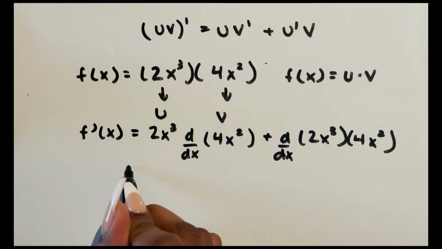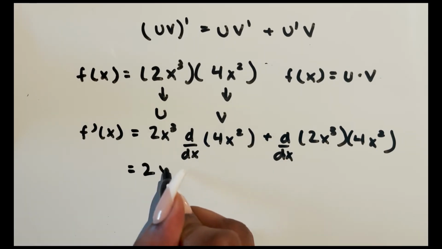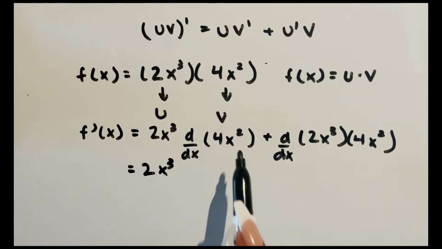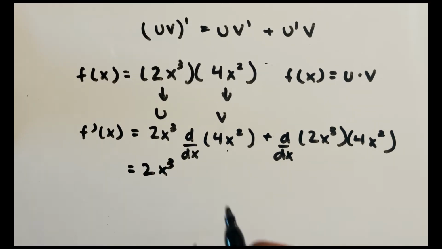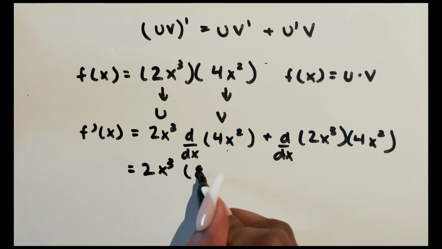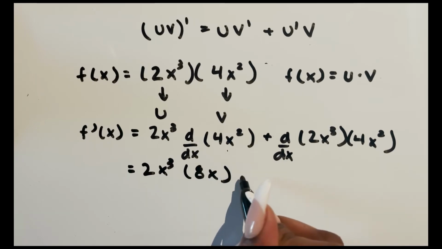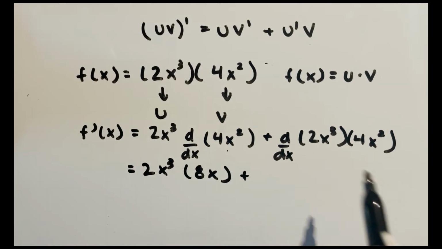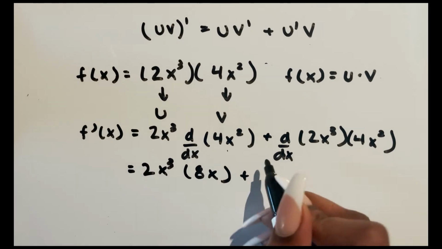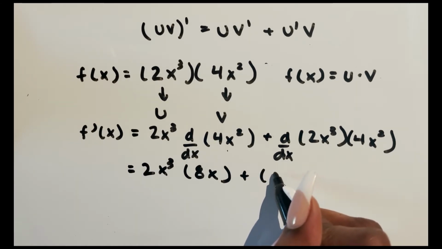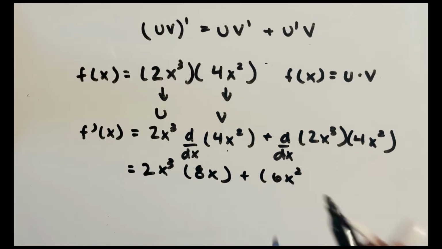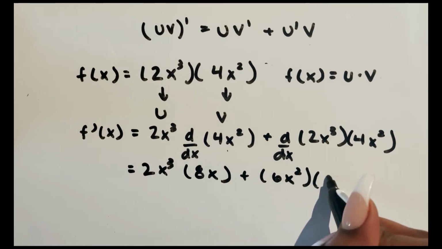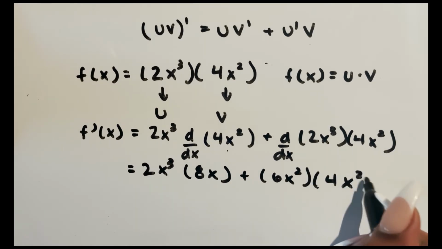Solving, we'll get 2x cubed times the derivative of 4x squared, which gives us 8x, plus the derivative of 2x cubed, which gives us 6x squared, times 4x squared.